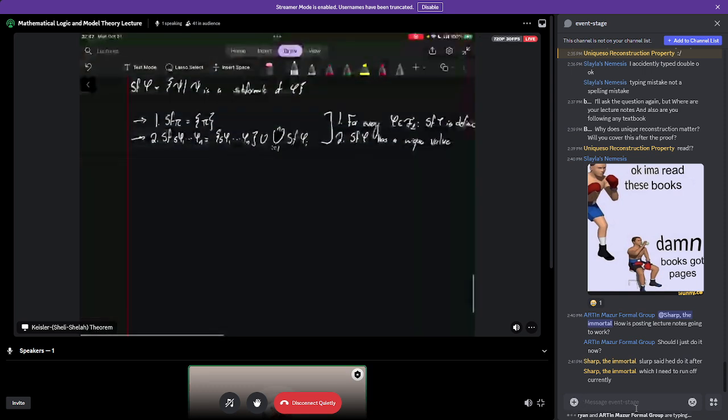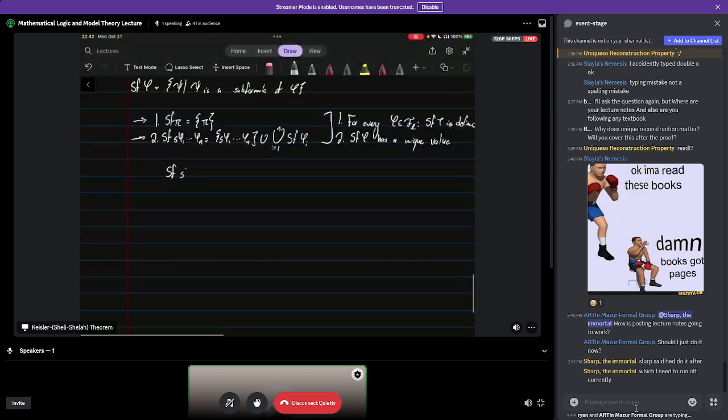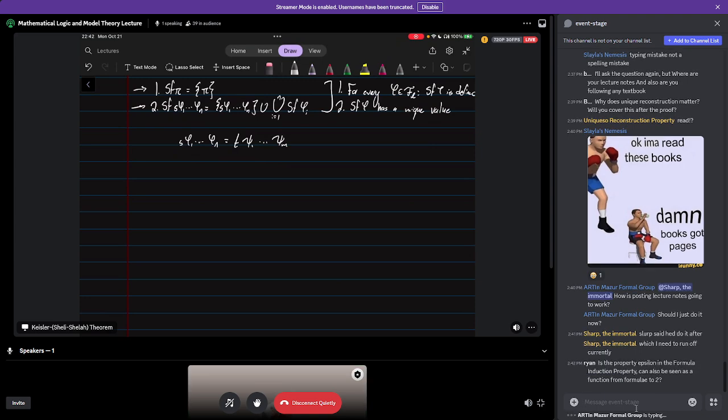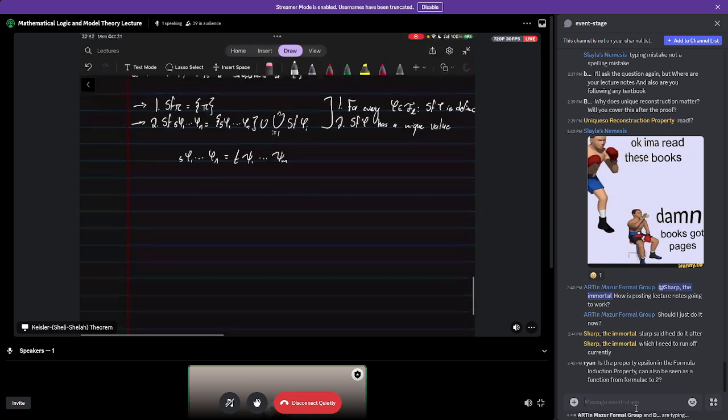I can't have S phi 1 through phi n all of a sudden equal to T psi 1 through psi m, and then they would have different subformulas. Everything has a unique form, which looks like this, and then you just define it on that form.